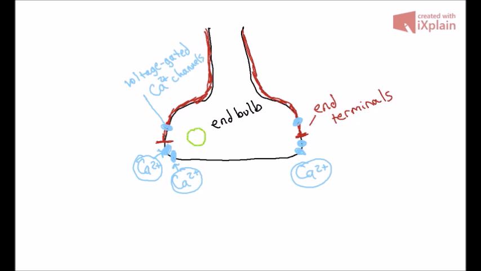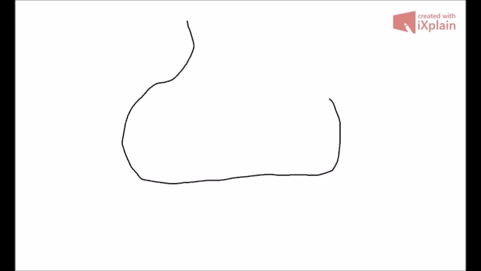Inside, the calcium goes to synaptic vesicles, which are just little bubbles. A vesicle is like a little bubble. Now that we've established that, let's take an even closer look into this end bulb at these synaptic vesicles.